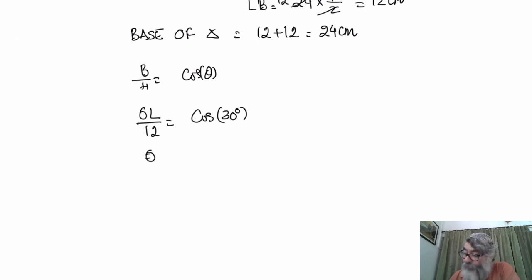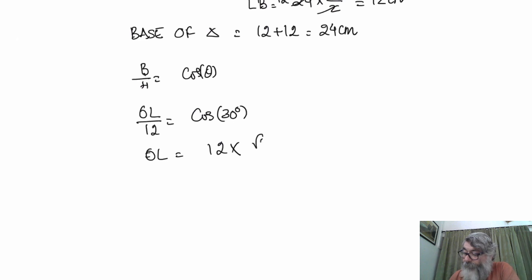The value of cos 30 is root 3 upon 2. So 2 sixes are 12, 6 root 3. It comes out to be 6 root 3.